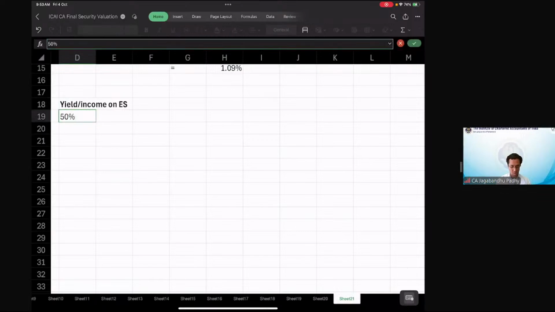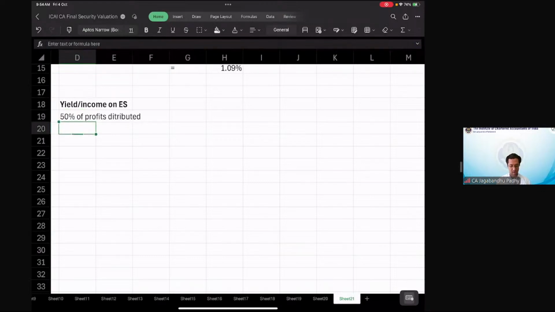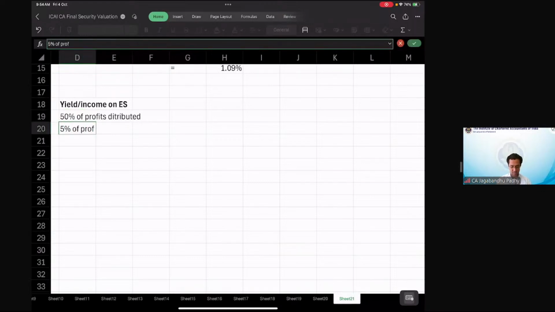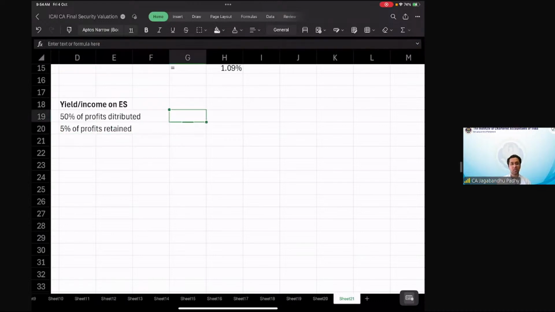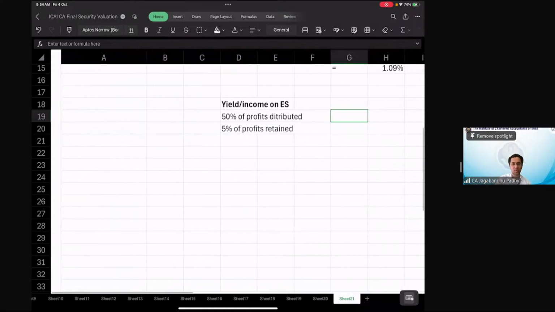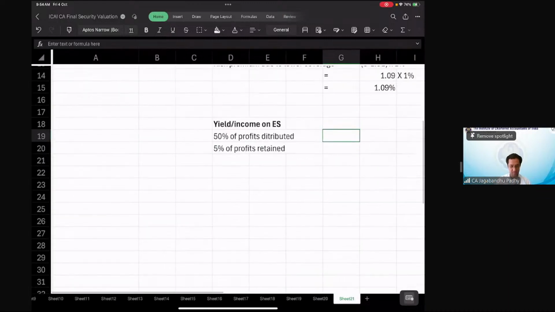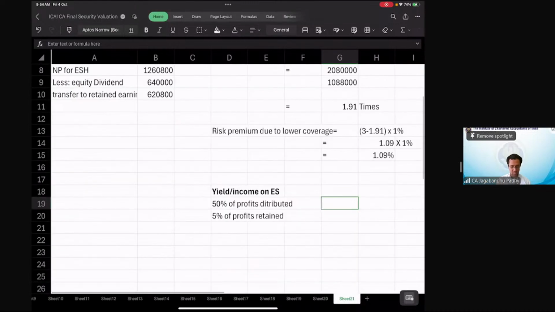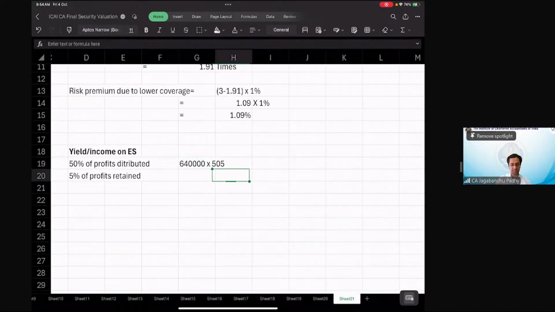50% of profits distributed and 5% of profits retained. Okay, so 50% of profits distributed. So what is the amount of profit that has been distributed? Of course, 6,40,000 into 50%.